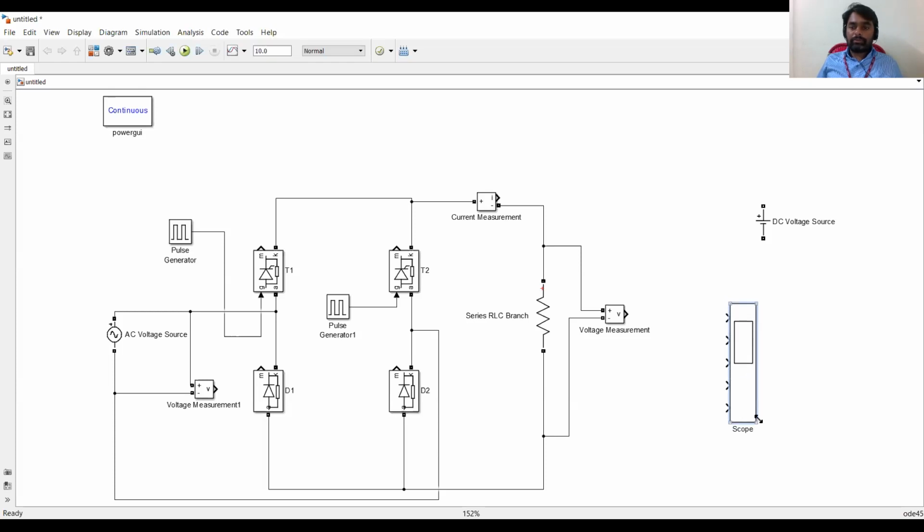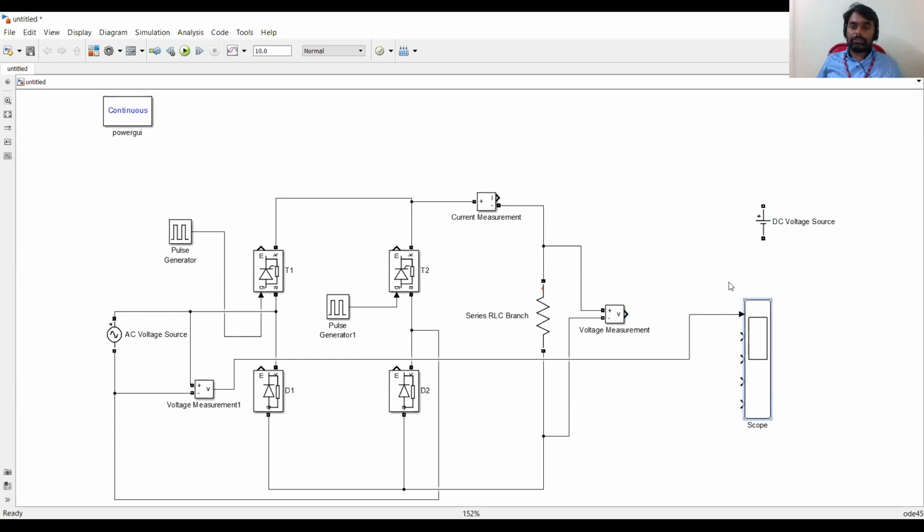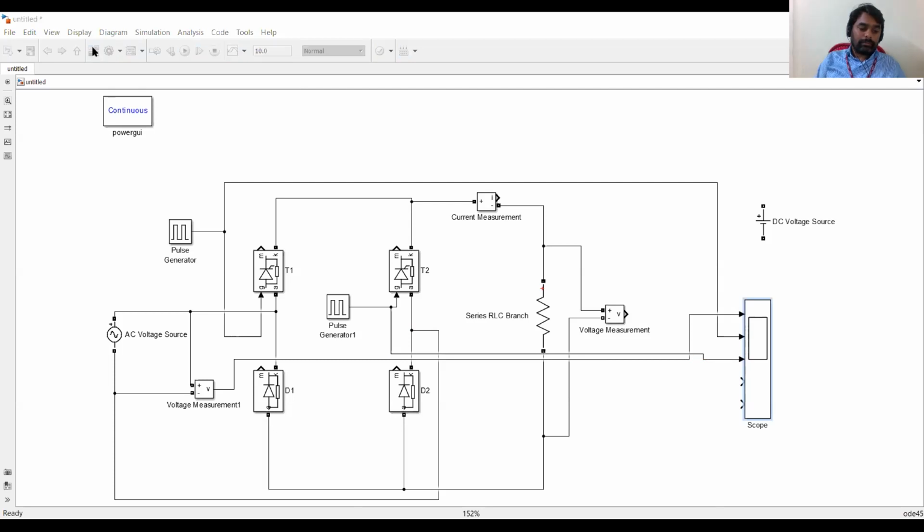The first input to the scope is the voltage across the source. Second input is the firing pulse given to T1. Third one is the firing pulse given to T2. Fourth one is output voltage and output current. We need to see both at a time.